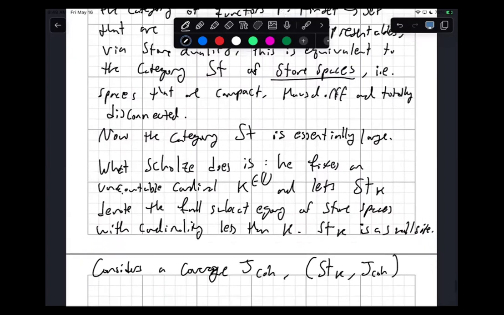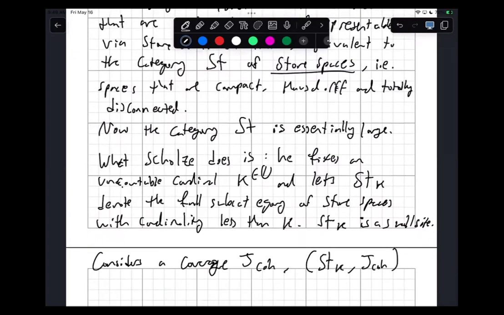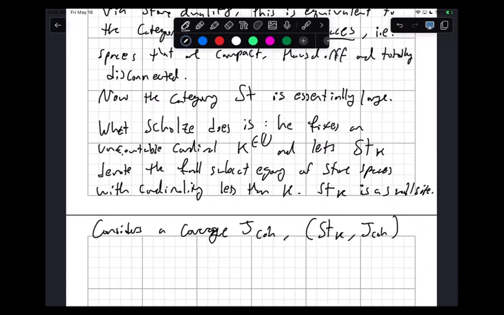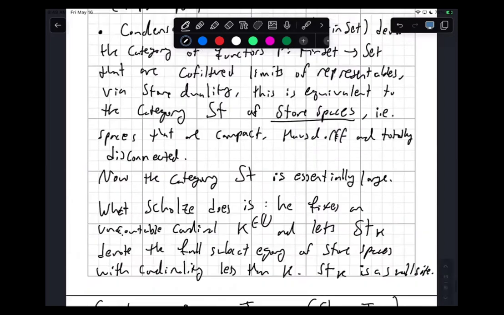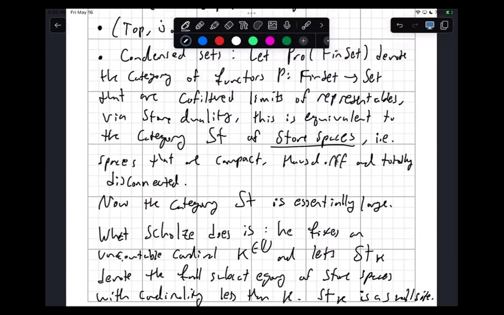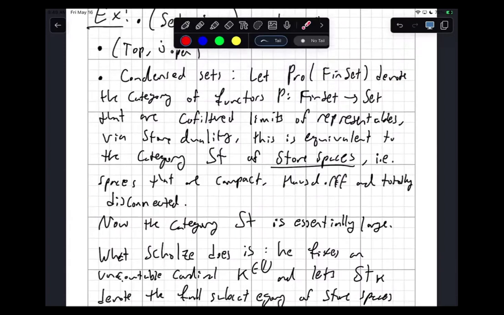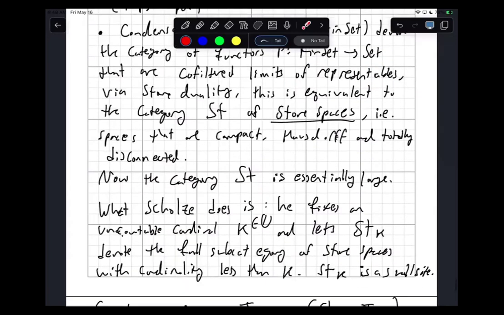Because you talk about cardinality of something, you define them as functors from finset to sets, but then you say satisfying a certain property. The point is that the category of functors is a large category, because set is a large category. I could take the constant functors, which gives me something that's large.